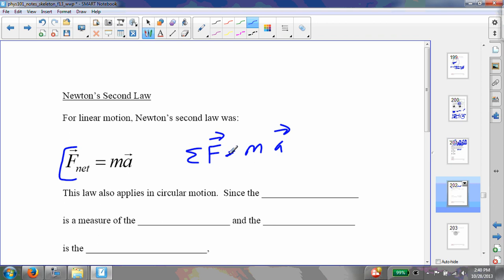Now, the moment of inertia is simply a measure of an object's rotational inertia.